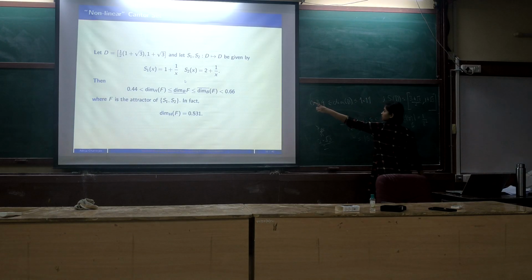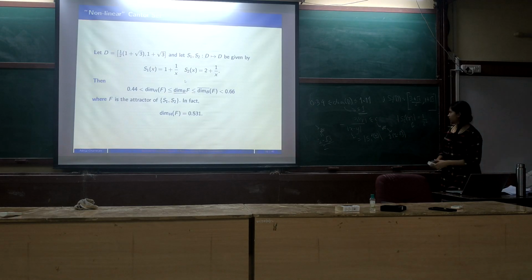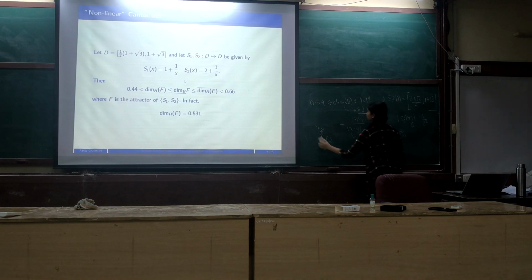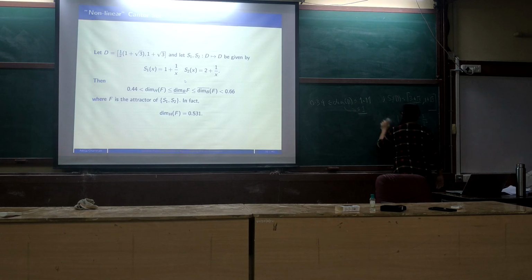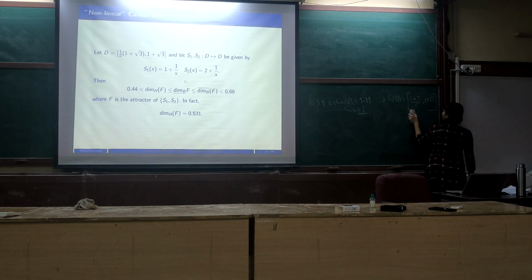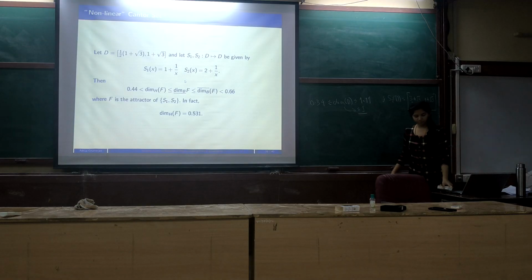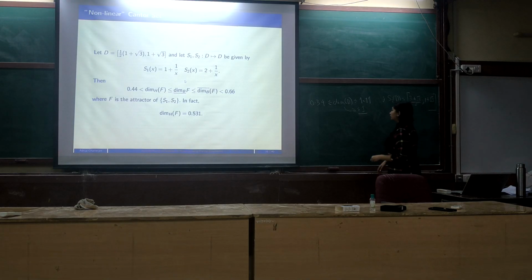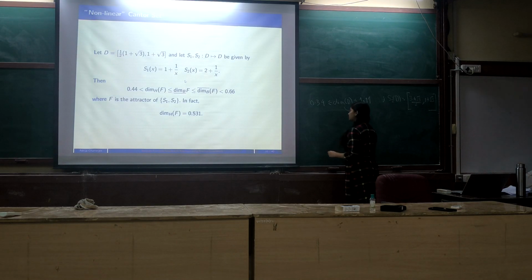However, we already know that the dimension of this is less than equal to 1. So we need to do better. So we need to make these bounds more proper. So originally we tried to minimize the value of si dash of z, right?